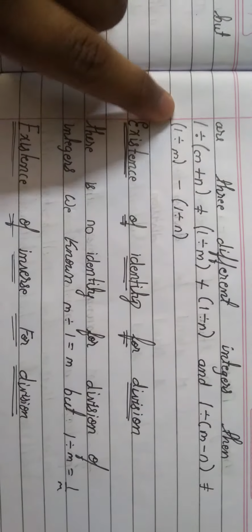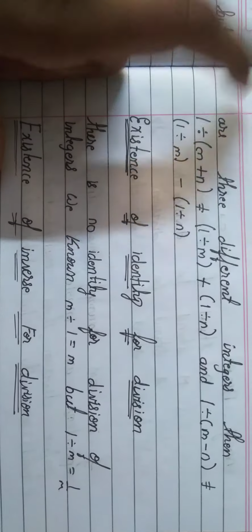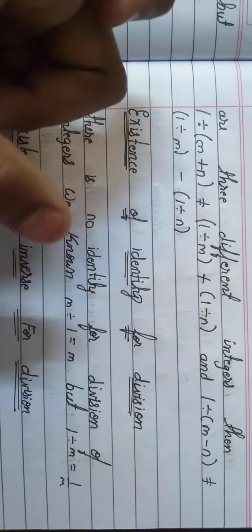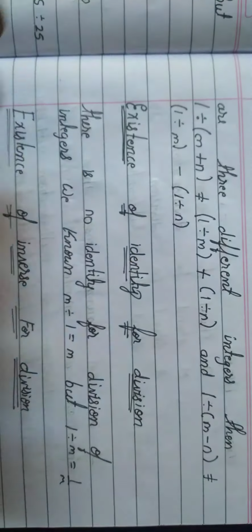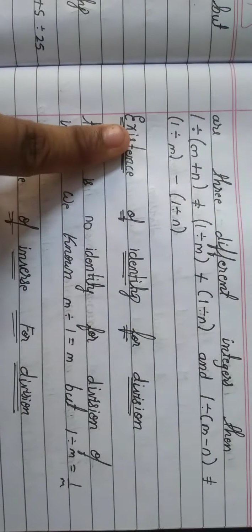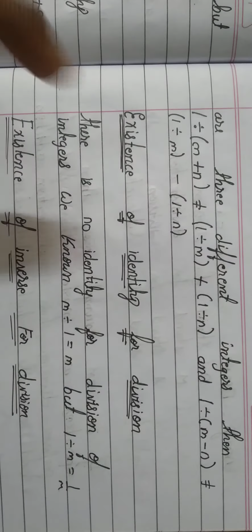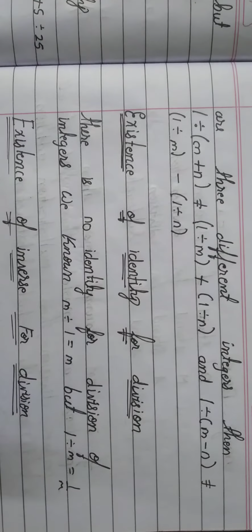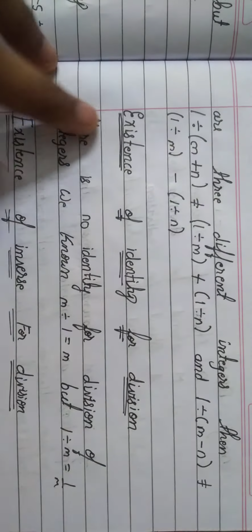Like now I am giving you L divided by (M plus N). The answer is not equal to L divided by M plus L divided by N. Is it distributive? No, this is not at all distributive.